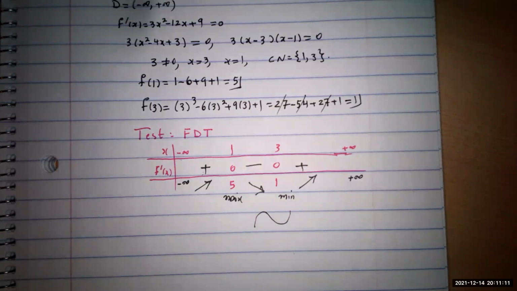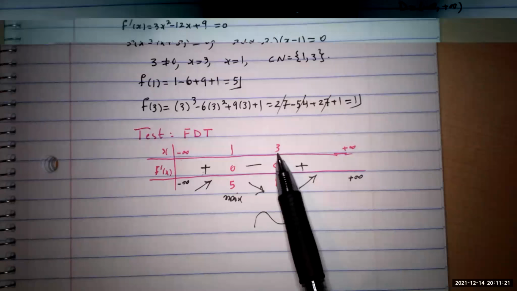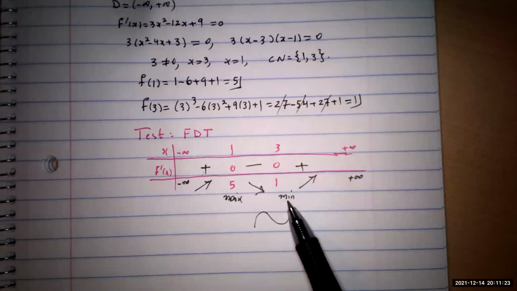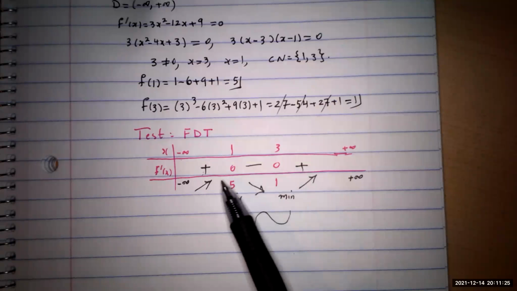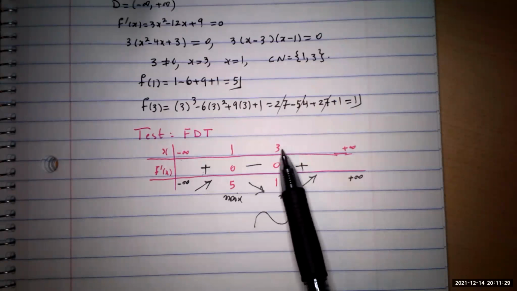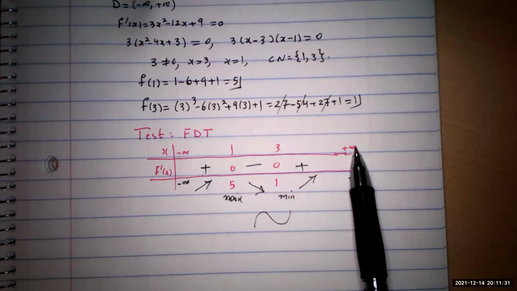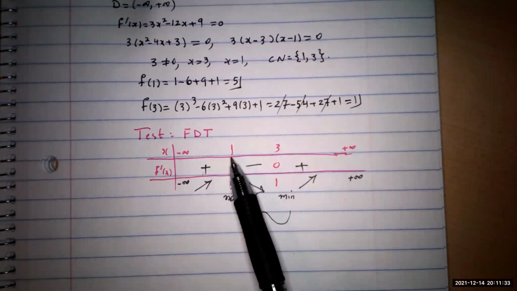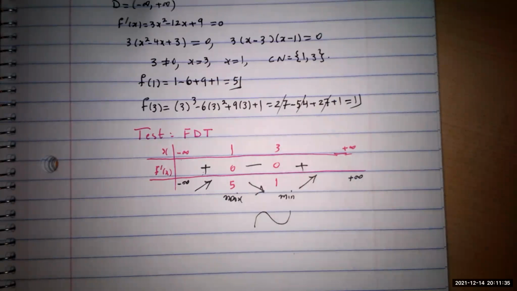If you give us this chart, we are happy, because f of 1 equal to 5 is a relative maximum, and f of 3 equal to 1 is a relative minimum. The function is increasing between negative infinity and 1, and 3 and positive infinity, and decreasing between 1 and 3. So the chart gives us everything we need.